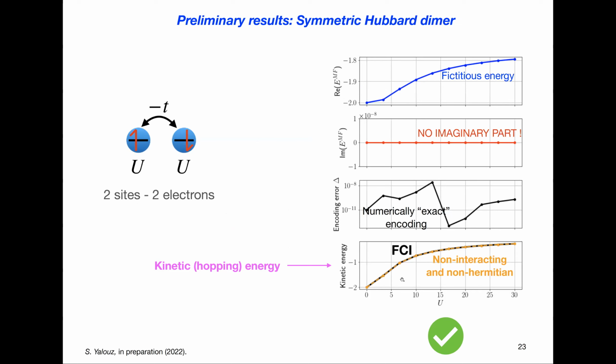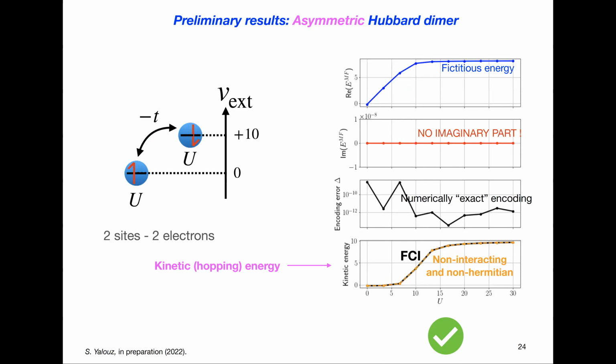But what's really interesting is that you can show analytically that you can map exactly the density matrix in that case. So this ansatz somehow makes sense. It works. You can really encode the density matrix perfectly. Then he broke the symmetry of the system, and that observation remained. Okay, so it still works.